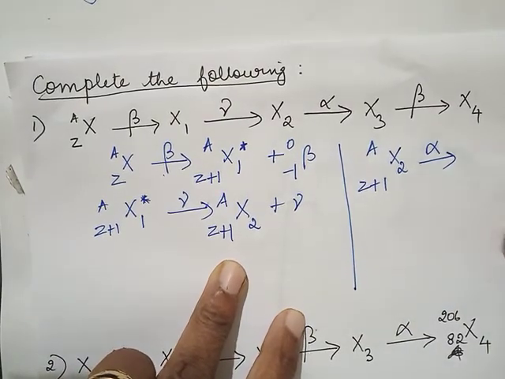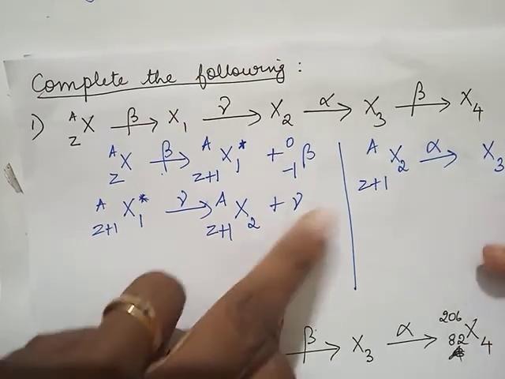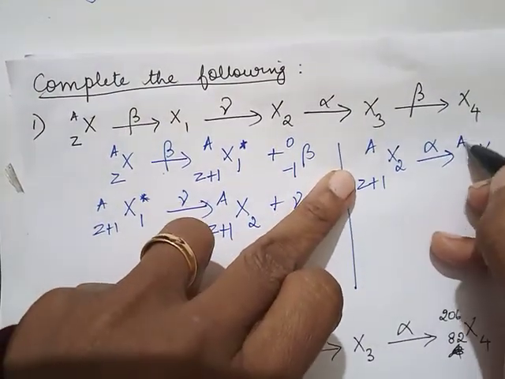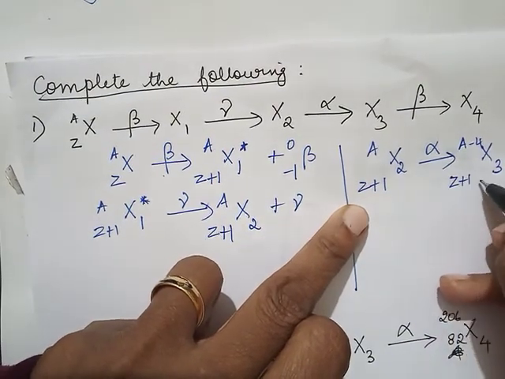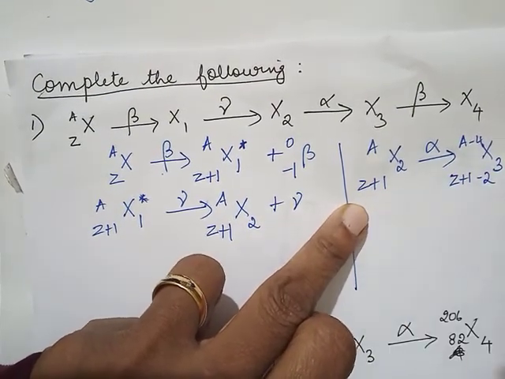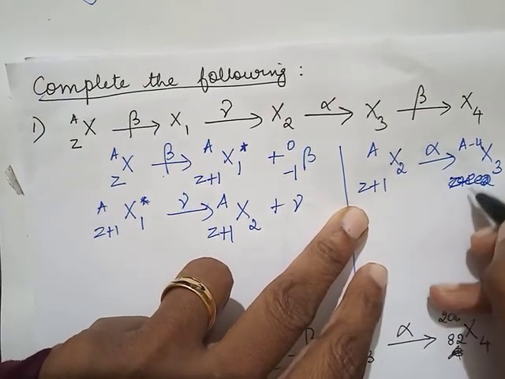That means alpha, 4, 2. That will be X3, A minus 4, and Z plus 1 minus 2, that will be Z minus 1.